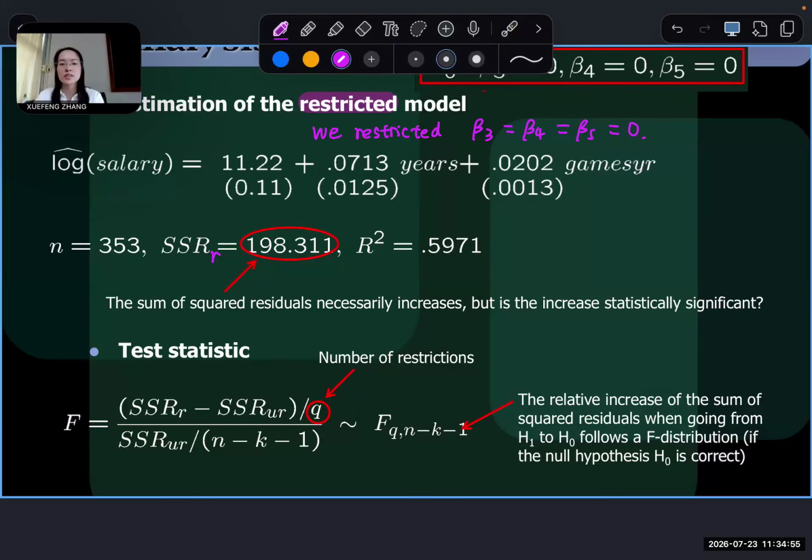It increases because removing variables can only make the fit worse or equal. That's why our sum of squared residuals is higher. So the real question is, is this increase big enough to matter, or just small, random noise?